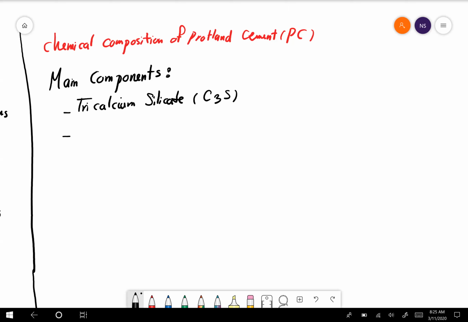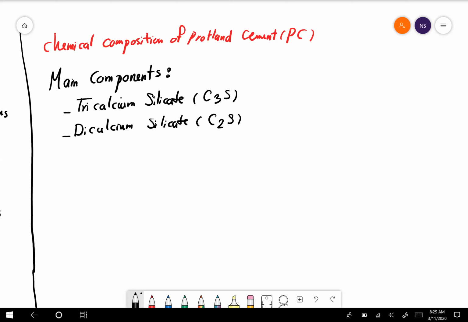Then we have dicalcium silicate, which is C2S.